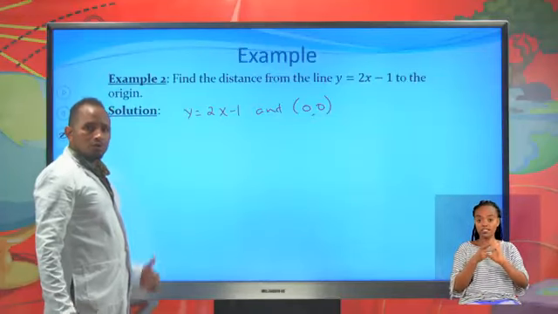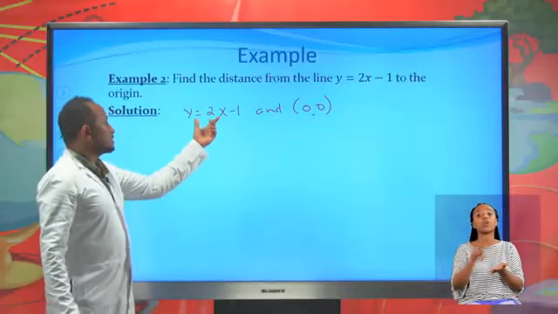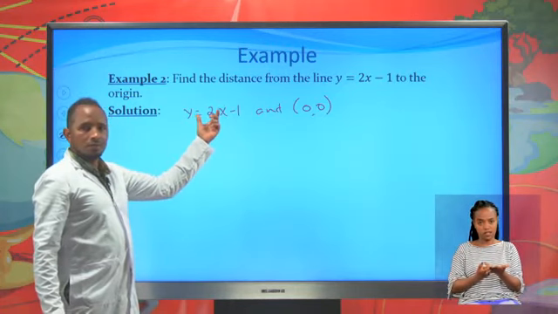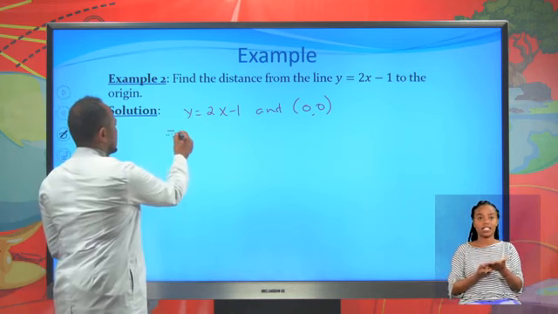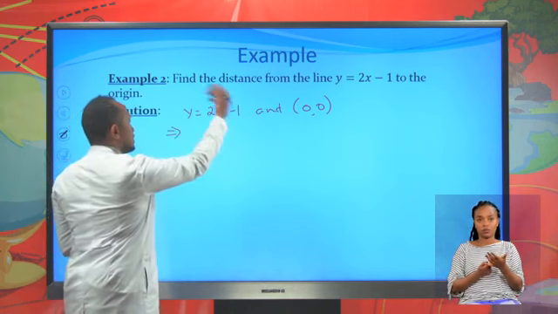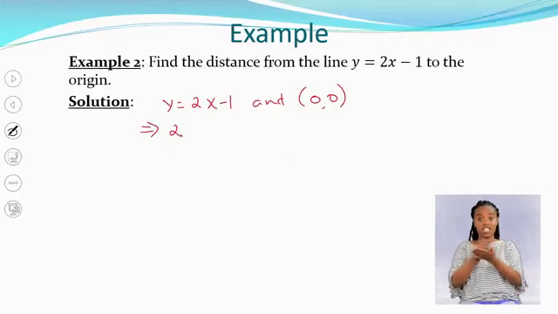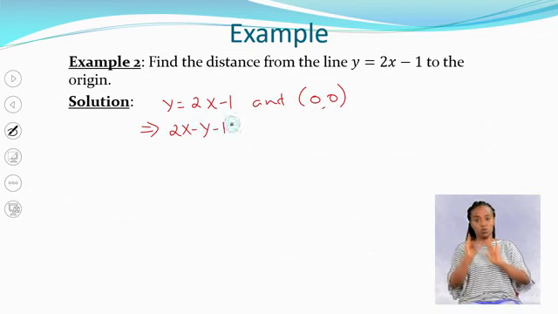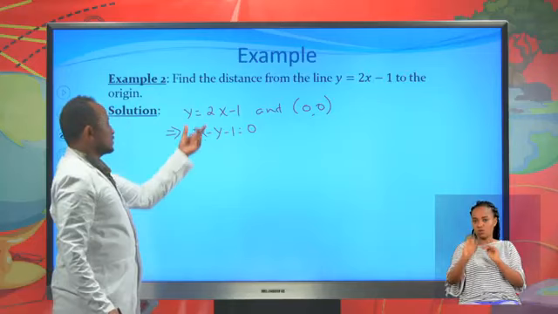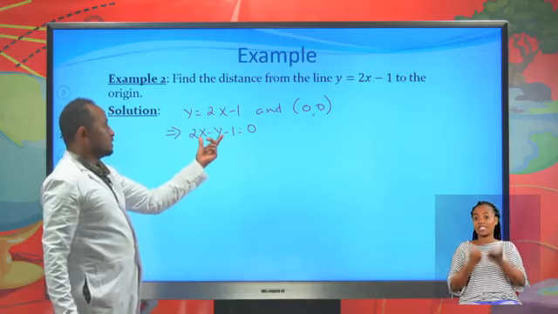To use the equation, I must write this in standard form. Therefore this can be rewritten in standard form: 2x, take y to the other side, it becomes minus y, and minus 1 equals 0.